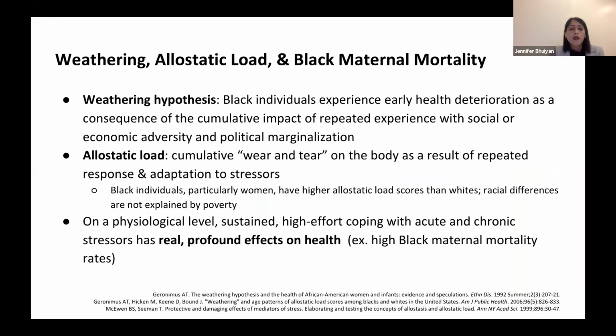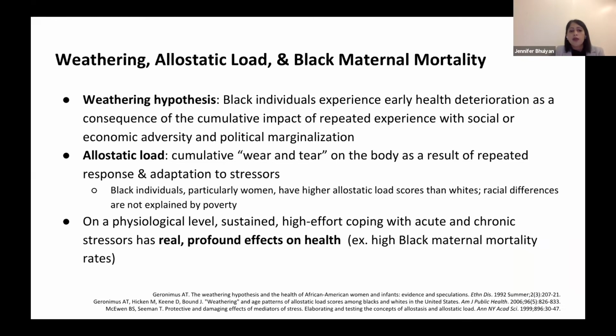The weathering hypothesis is that Black individuals experience early health deterioration as a consequence of the cumulative impact of repeated experience with social and economic adversity, as well as political marginalization. This cumulative wear and tear over time on the body, as a result of the repeated response and adaptation to these stressors, is referred to as allostatic load.